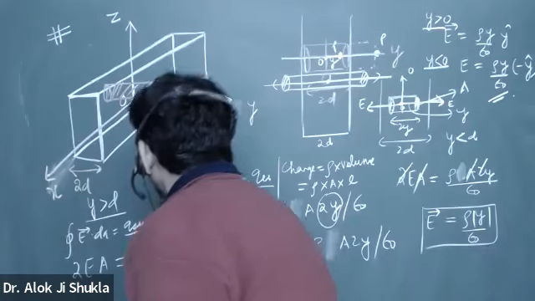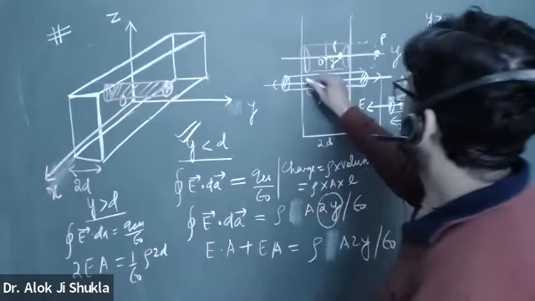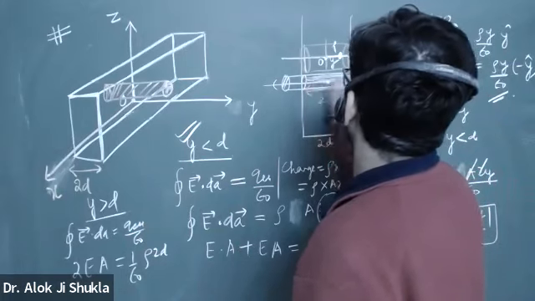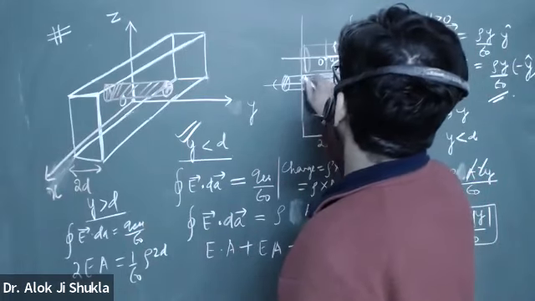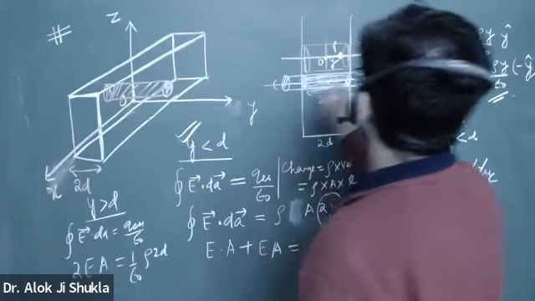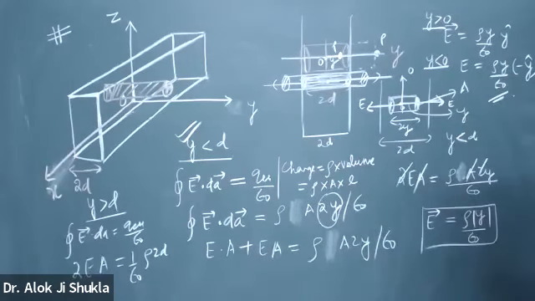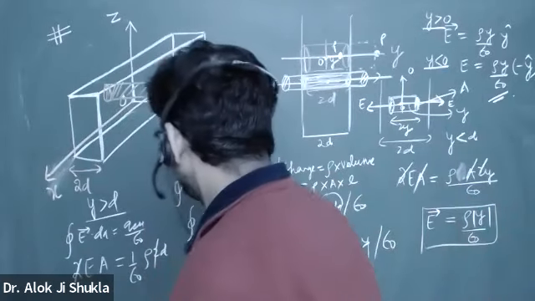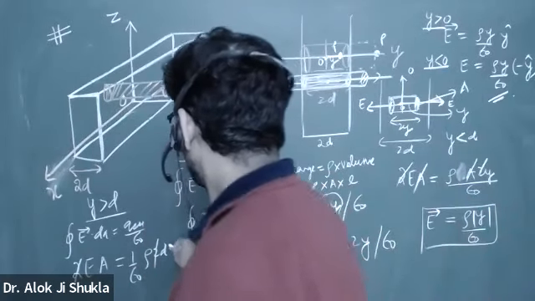Now this is very important to see, because only this much of the cylinder will give the charge. Charge is filled only up to this. So 2 and 2 will cancel, into 2A.